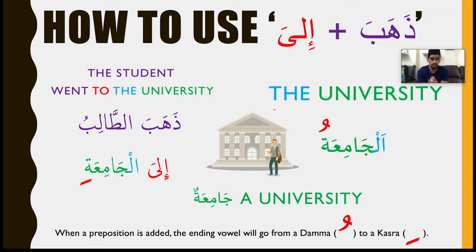Then we put everything together, just changing the word bayt to jami'a, meaning university. So the full sentence is ذهب الطالب إلى الجامعة. This is perfect for students who are learning Arabic, in school or in university. You can now say the student went to the university.